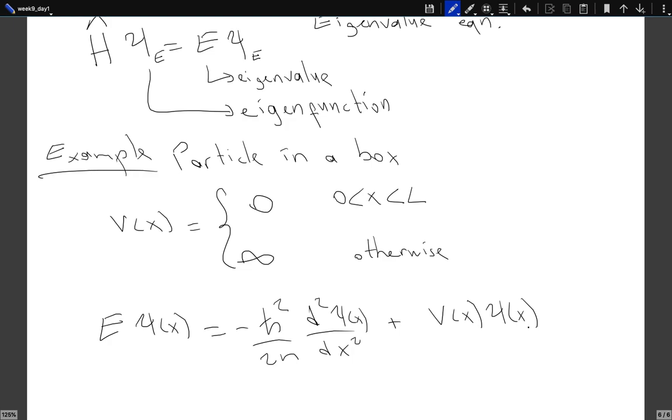How do you define the derivative? Just a change in the value of the function divided by delta x. If delta x goes to 0 and there's a discontinuity, the change in the function does not go to 0. So you have a finite number divided by 0, which is infinite. And let's look at this: E is finite, so this should be finite everywhere, of course assuming that the potential is also finite.